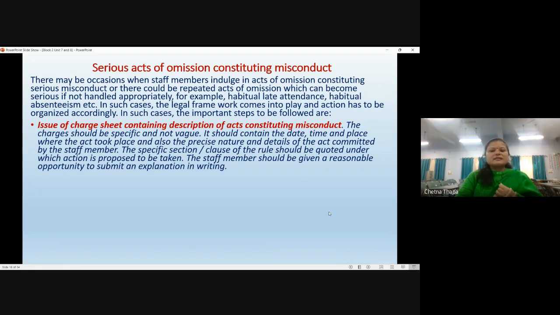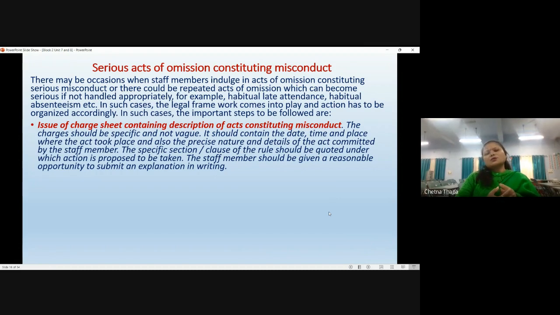The specific section or the rule which is given in the code of conduct should also be quoted, under which the action is proposed to be taken. There might be certain rules and regulations given in the code of conduct, so you need to specify that section or the clause of the rule, and the staff member should be given a reasonable opportunity to submit an explanation in writing.